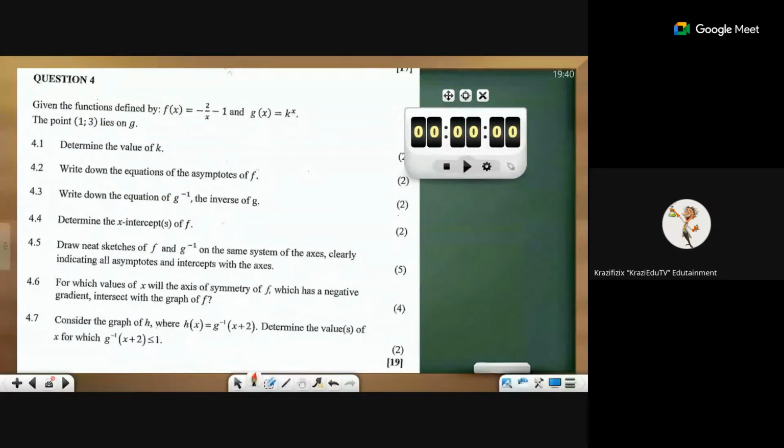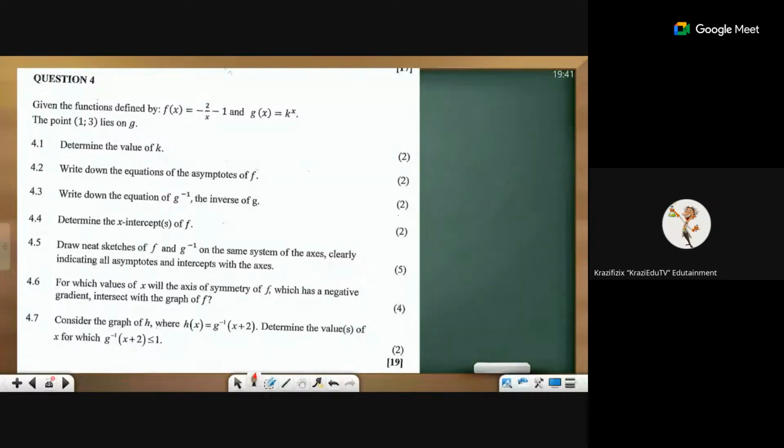All right, guys, let's answer quickly. We have just a few minutes to get this done. We have a function f of x equals negative 2 over x plus 1. Automatically, when you see x in the denominator, understand it's a hyperbola. And the second one, g of x, my x is an exponent, which means it's an exponential.